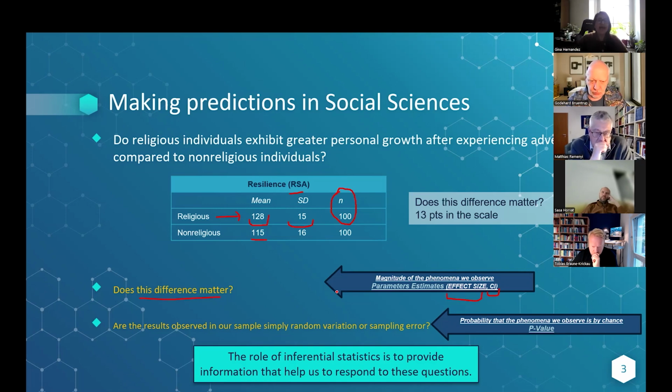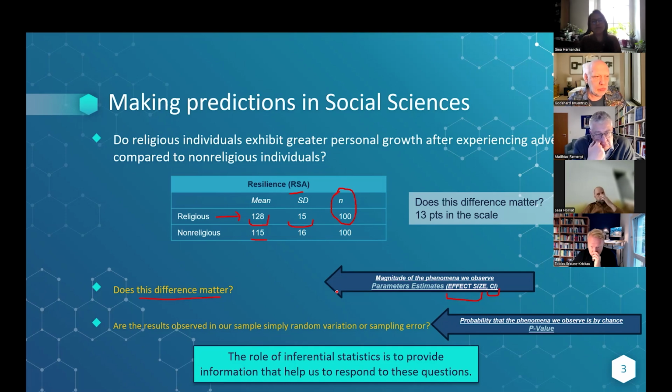So I apply my statistical test, and then I look into the effect size to see how strong it is, to see how much it matters that the religious individuals are scoring higher than the non-religious individuals. So this is one question.